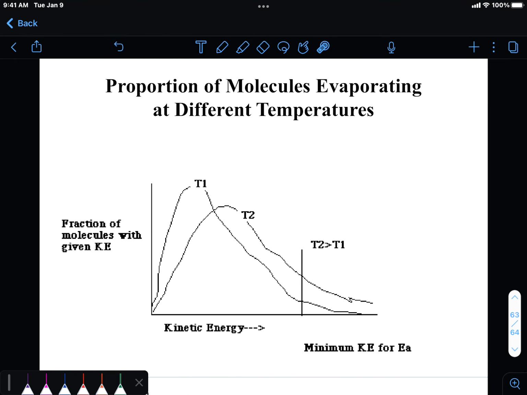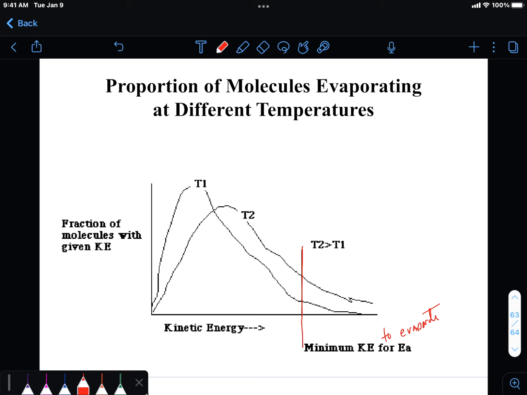And we know that intermolecular hydrogen bonds are strong, so it's hard to break them. Okay. Second graph. Here we have a liquid, and its temperature is taken at two different temperatures, temperature 1, temperature 2. So the axis on the y is still the fraction of molecules. On the x is still kinetic energy. And this line here still represents the minimum energy to evaporate. But notice that if one of the temperatures is higher, T2 is a higher temperature than T1, look what happened to its distribution.